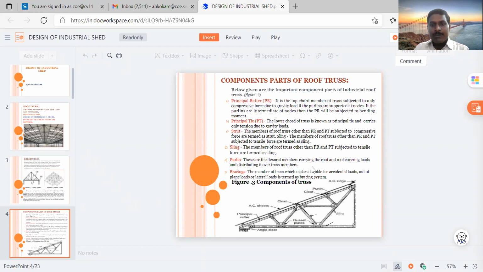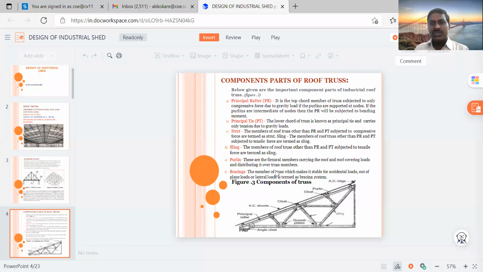So what is purlin? The purlin is the flexural member carrying a roof or roof covering. As we have discussed, whatever GI sheets or AC sheets are there, those sheets are rested on the purlins, and the purlin is supporting the roof covering, meaning GI or AC sheets, and distributing the load on the truss.